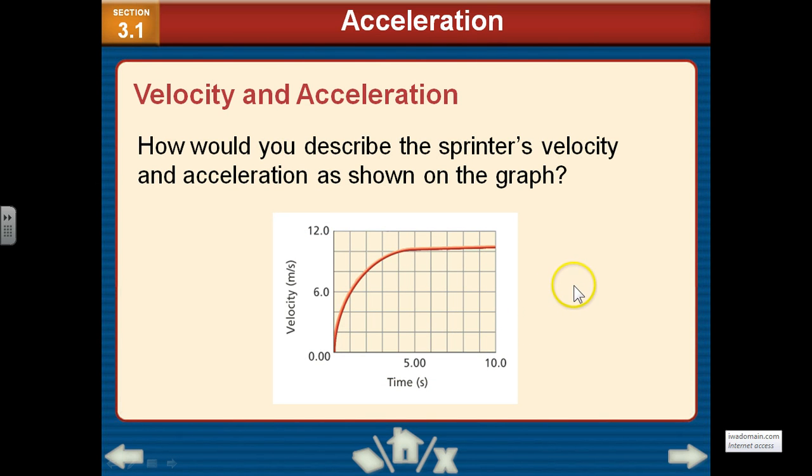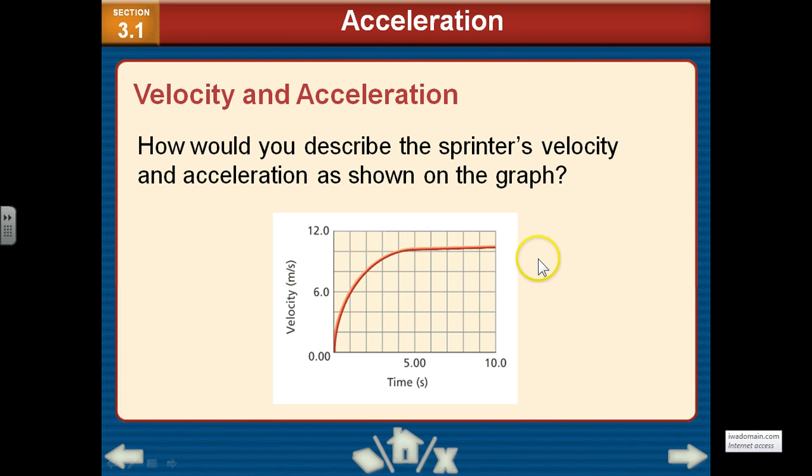So how would you describe the sprinter's velocity and acceleration shown in the graph? Well, it starts out and the acceleration is pretty quick off the line. As the runner gets up to speed, the acceleration drops off and becomes negligible. However, the runner is still running at a constant rate of speed, so we get a flat line on the velocity graph.